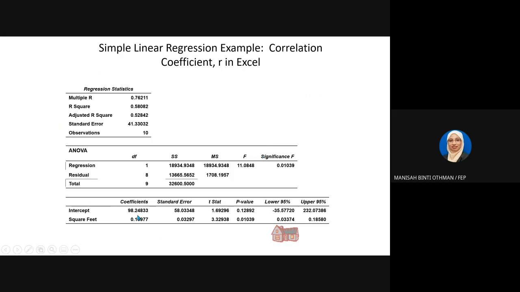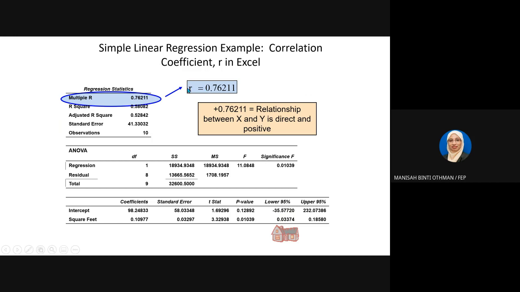We already explained the last table, so next we will see the first table here. This is multiple R, the R value. You get a positive 0.76, which means there is a positive relationship between X and Y. The relationship between X and Y is direct and positive, and quite strong, as 0.76 is near +1.